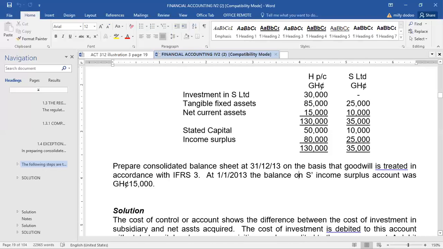Are you getting it? So you test for impairment, which is the third one. And if goodwill has suffered a loss, you write the loss off in the books.